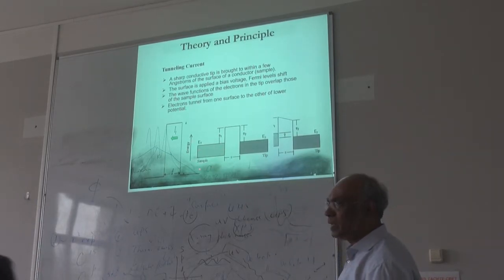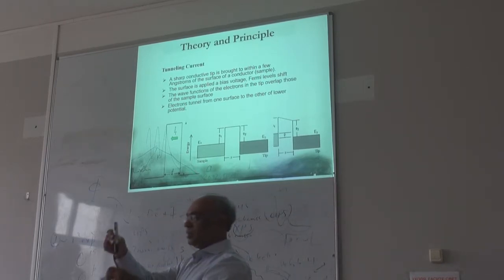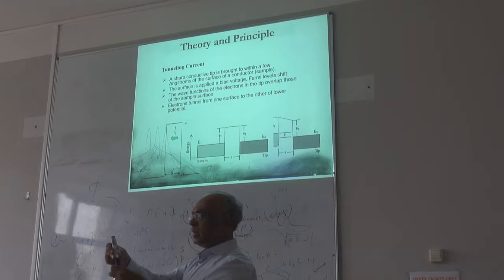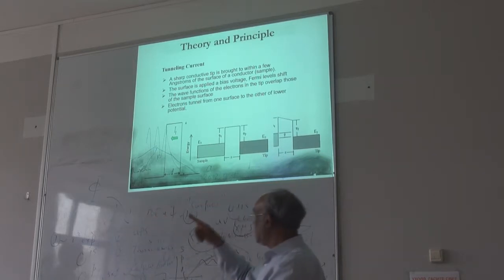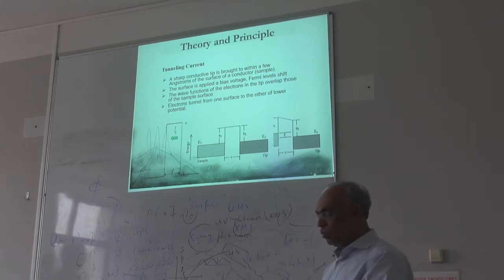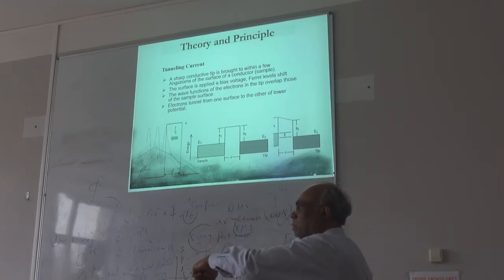This is your sample, then you have the tip coming here. When they are very close to each other, you have the electron wave functions. The wave functions overlap and electrons will tunnel from the tip to the sample.